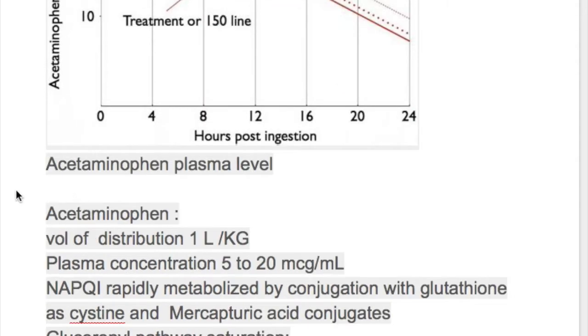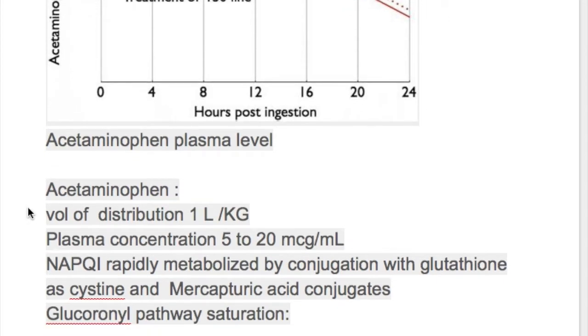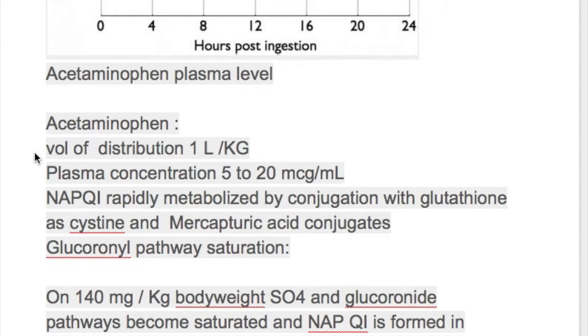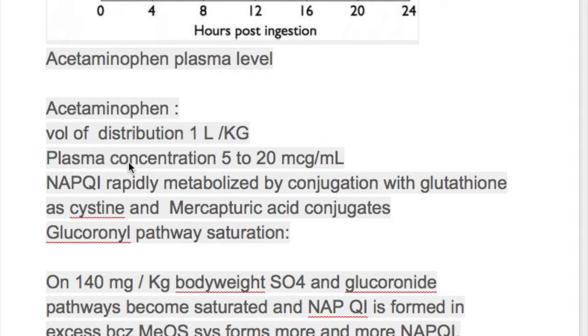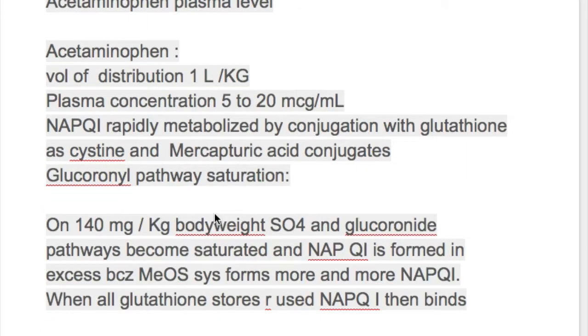So what are the normal values of acetaminophen in the blood? The volume of distribution for acetaminophen is 1 liter per kg, and a normal plasma concentration is 5 to 20 microgram per milliliter. NAPQI is rapidly metabolized by conjugation with glutathione as cysteine and mercapturic acid conjugates.